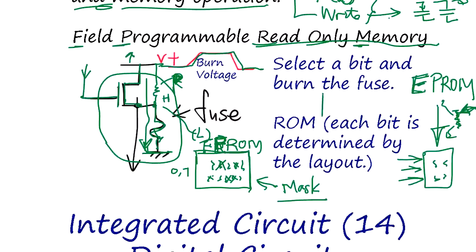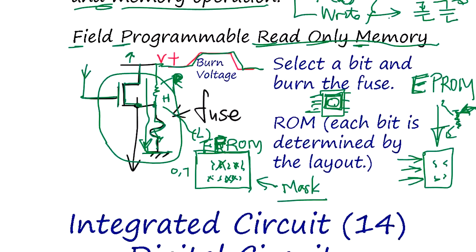So EEPROM typically has a little window in the middle of the chip. After you program EEPROM, just like field programmable ROM, you put a sticker on it and shut off the lights.